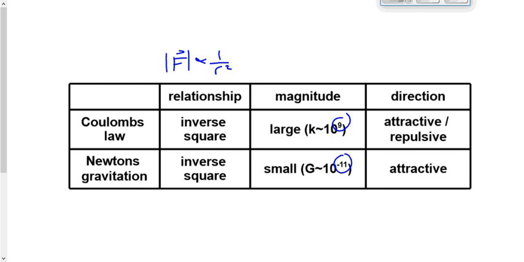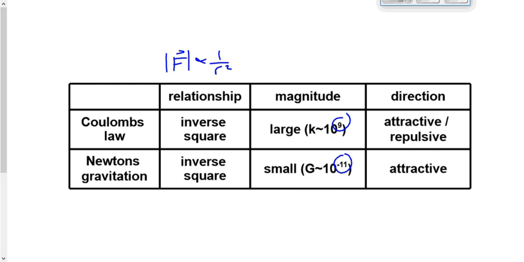Finally, the last thing we're going to do to compare here is the direction. Gravity is always attractive, right? There is no gravity that pushes two things apart from one another. You've got mass, there is a minuscule force of gravity pulling you guys towards each other. You'll never notice it because your masses are so small, but it's there. And it's always an attractive force, never a repulsive force.